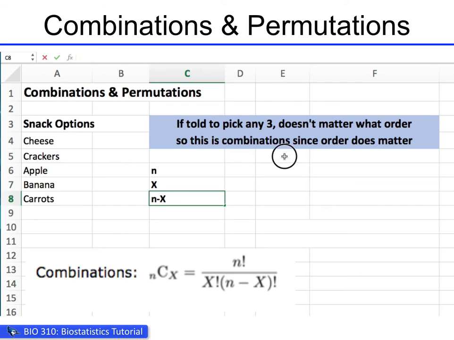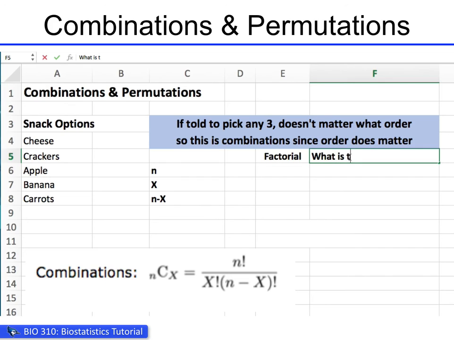Since we need the factorial here, I'm also going to calculate the factorial. It's always handy, especially when you are learning this to begin with, to have a little cheat sheet column that lets you know what you're looking at. So n here is the number of possible choices. X is the number that can be picked.